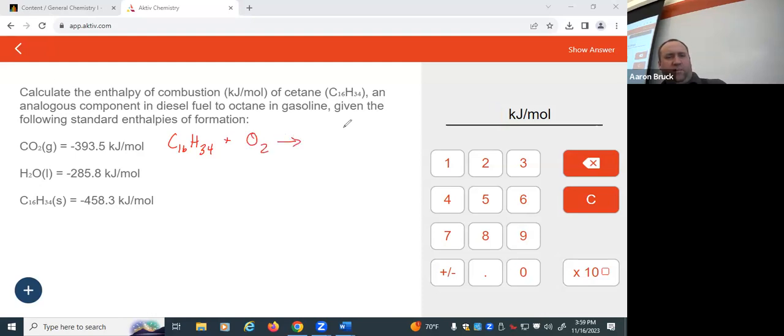So since this is a combustion reaction, we are going to make carbon dioxide and water. And if we balance this out, 17 to get the hydrogens, 16 to get the carbons, 32 plus 17 is 49. So 49 halves to get the oxygen.